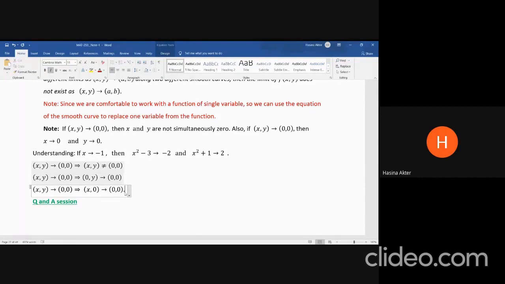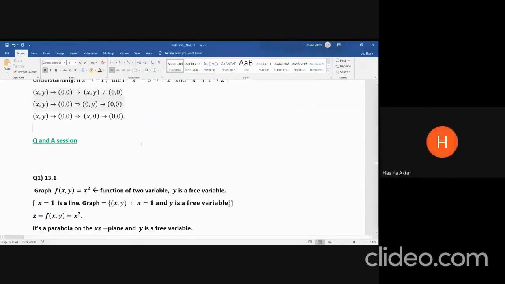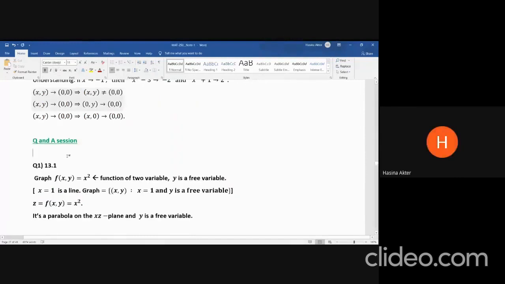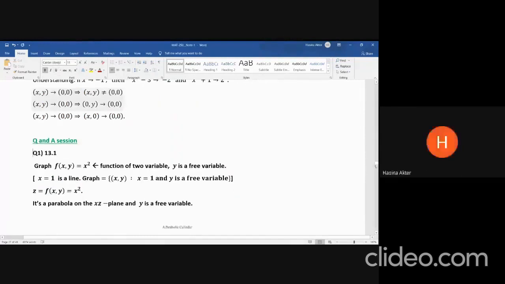Do you think that it will be enough to find two different directions in which we will get different limits? Is it enough to claim that the limit does not exist? Yes, miss. Isn't it enough? Yes. Okay.